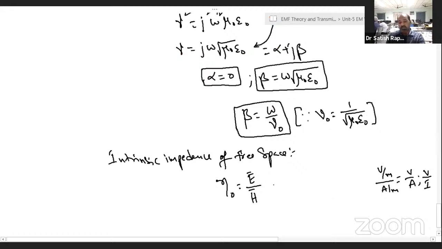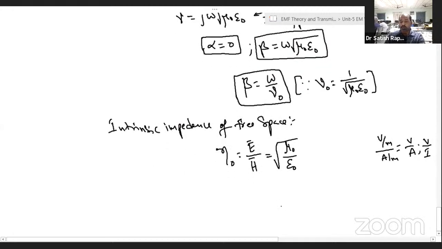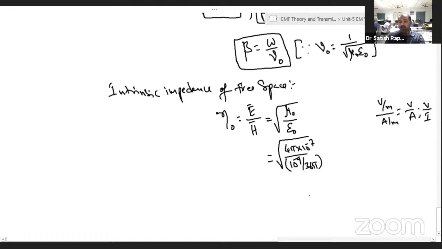It is given by root over mu naught by epsilon naught. I will derive this expression later; you just remember this. So this is equal to root over 4 pi into 10 power minus 7 divided by 10 power minus 9 by 36 pi, which is the epsilon naught value, and if you simplify this, you'll get 377 ohms.